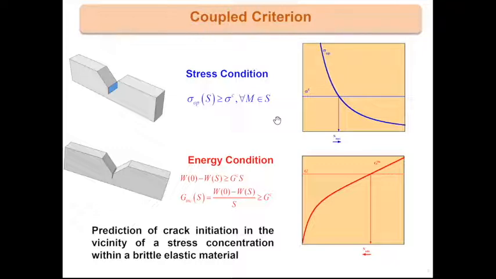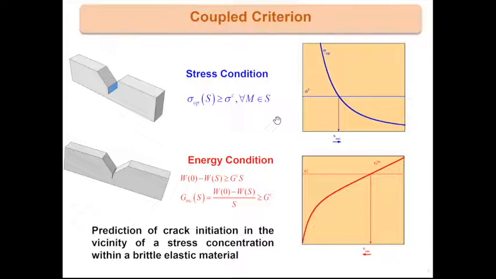You just have to write this difference and divide by the crack increment, and then you introduce what we call the incremental energy release rate. This is why we call it finite fracture mechanics: because here you have a finite crack surface, it is not the usual Griffith energy release rate, and we call it the incremental energy release rate.